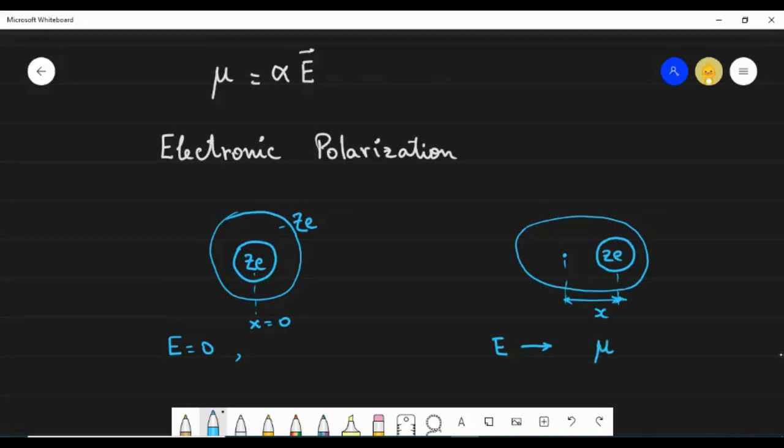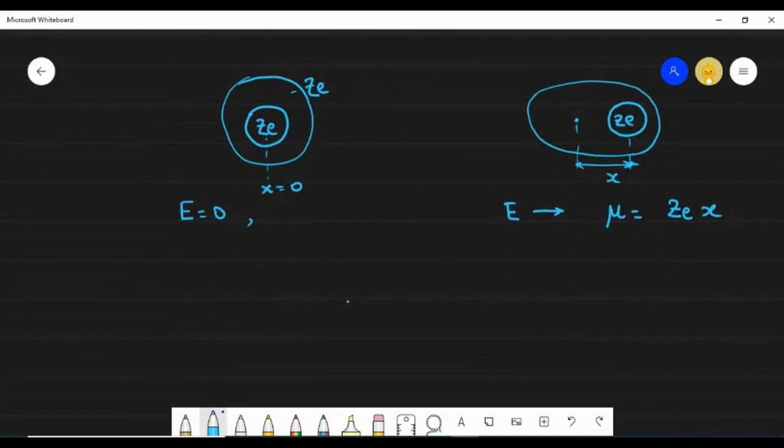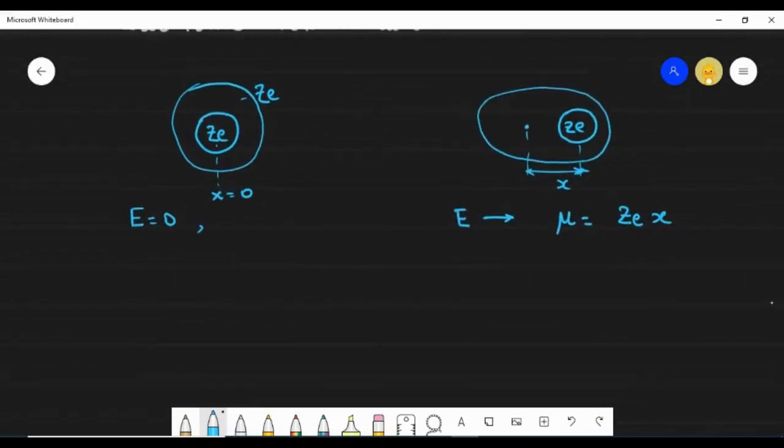So the induced dipole moment in this atom is now Zex, where Z is the charge and x is the separation between the charges. In order to find x, let us equate the Lorentz force minus ZE and the Coulomb force.